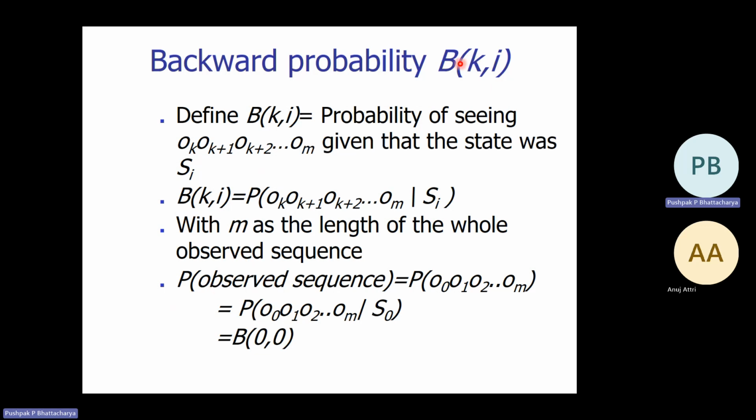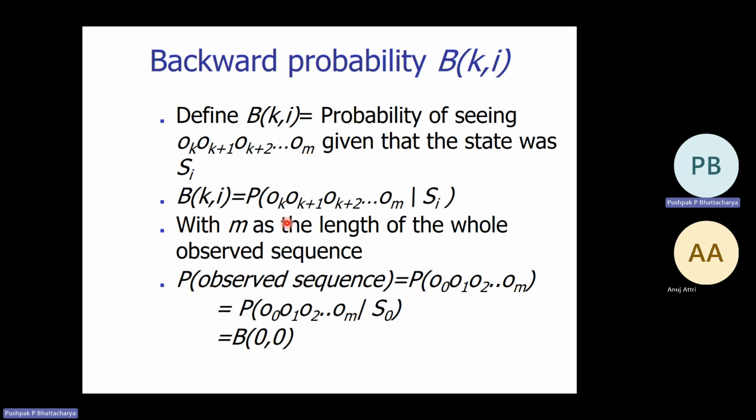So if that is the definition of the backward probability, then the probability of the observed sequence is the probability of O0 to Om, which is nothing but probability of O0 to Om given S0. S0 is the starting state, which is B0,0. Okay, so the backward probability has an interesting expression with respect to the whole observation probability. It is just B0,0.